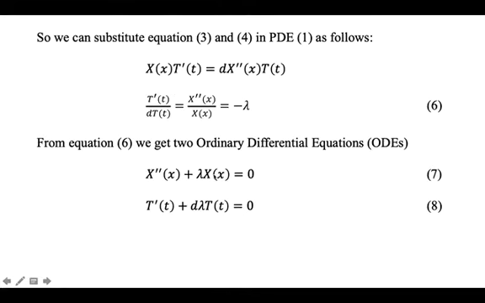Now we will separately solve both of the equations. So this is ODE 1, ordinary differential equation 1, and this is ODE 2, ordinary differential equation 2. Because we get two ordinary differential equations, this is equation 7 and this is equation 8.